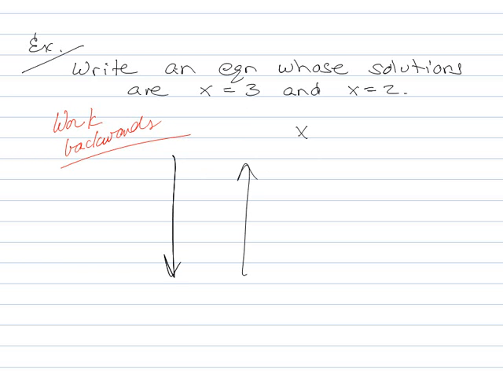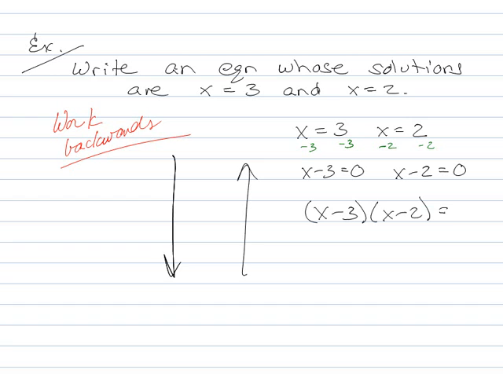So instead of working the problem this way, they want you to work the problem this way. So if I start out with x equals 3 and x equals 2, I would get x minus 3 equals 0 and x minus 2 equals 0. So I'm going to multiply them together to get x minus 3 times x minus 2 is equal to 0.